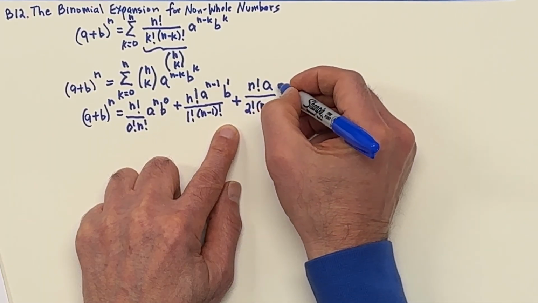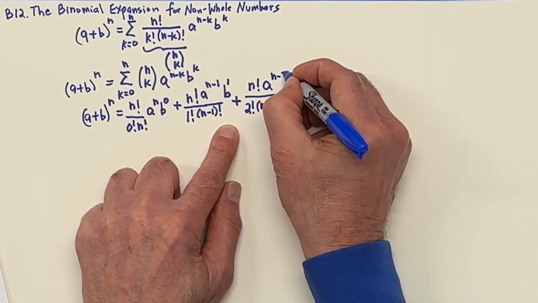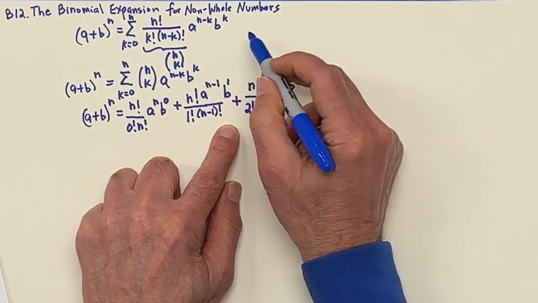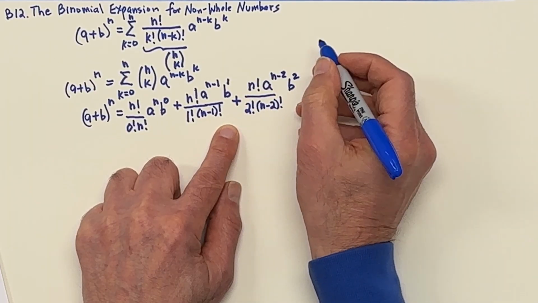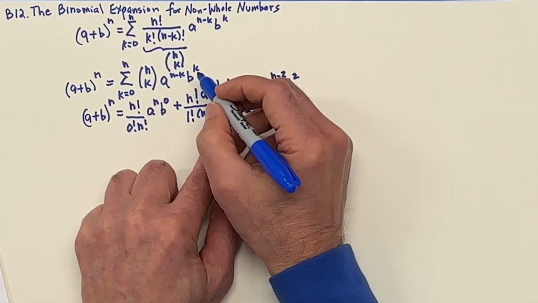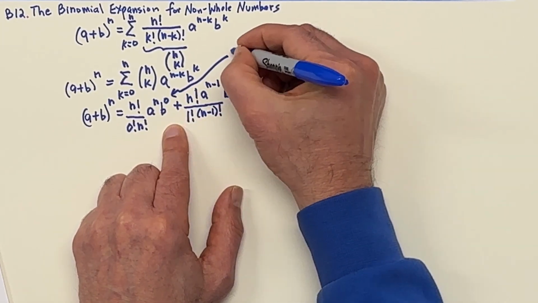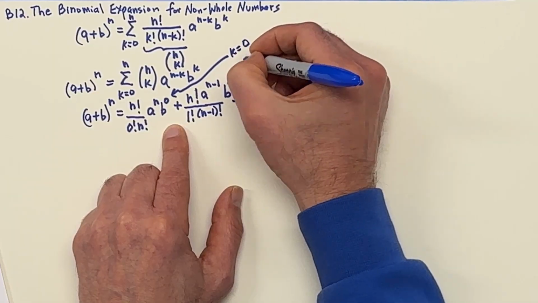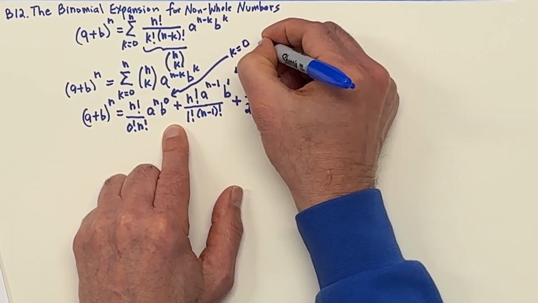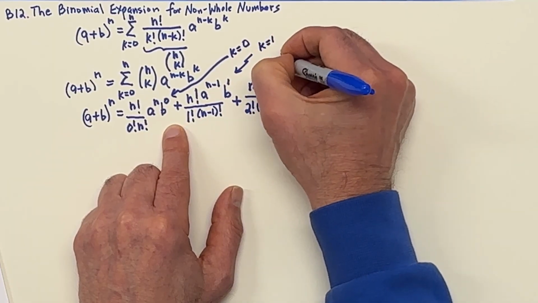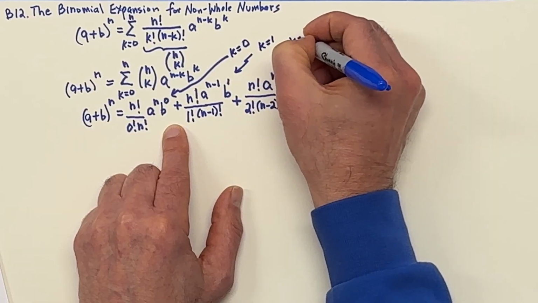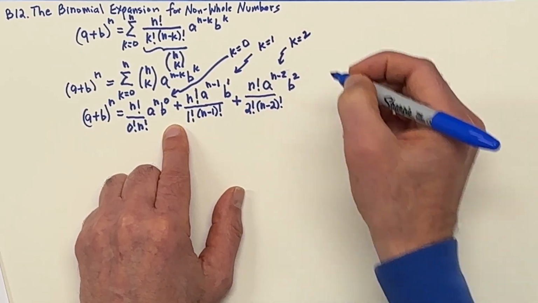K is 2 now, so that would be n minus 2. And then for the b to the k would be just 2. All right. So this first one here is k equal to 0. This next one is k equal to 1. And this one is k equal to 2.